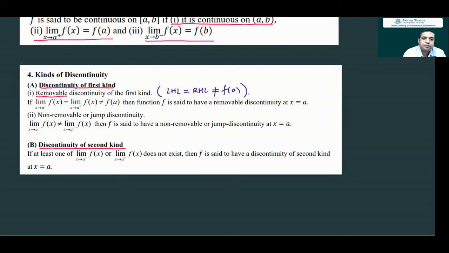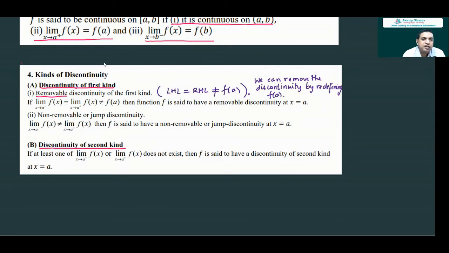Because we can remove the discontinuity by redefining f(a). We redefine the function value at that point to become equal to the limit value.